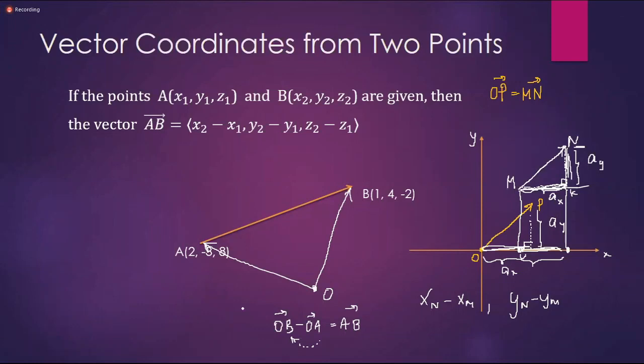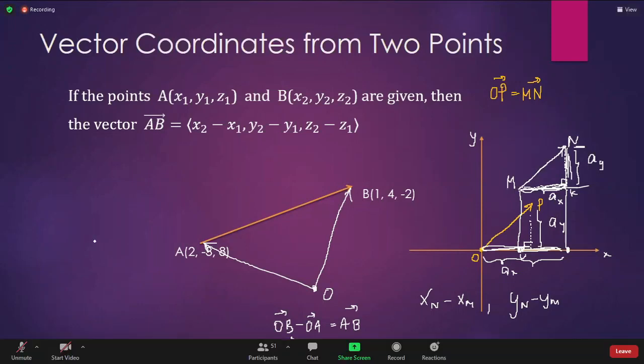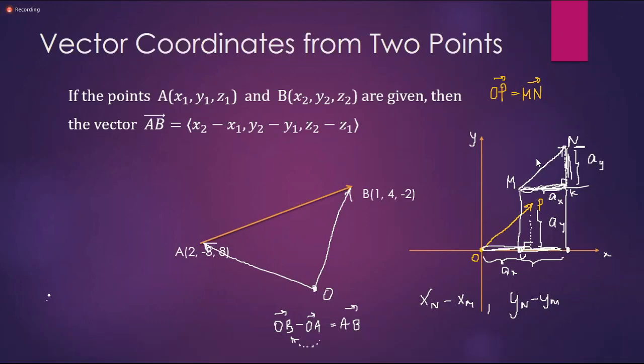So this means that for this particular vector AB, I will use the vertical notation: the vector B coordinates 1, 4, minus 2, and then subtract the A coordinates 2, minus 3, which means we add 3, and 8.